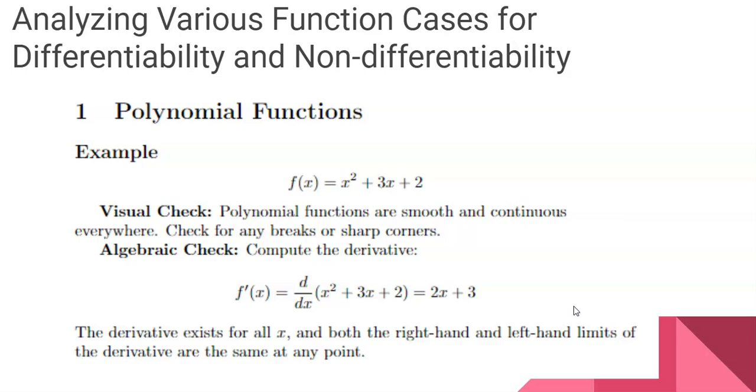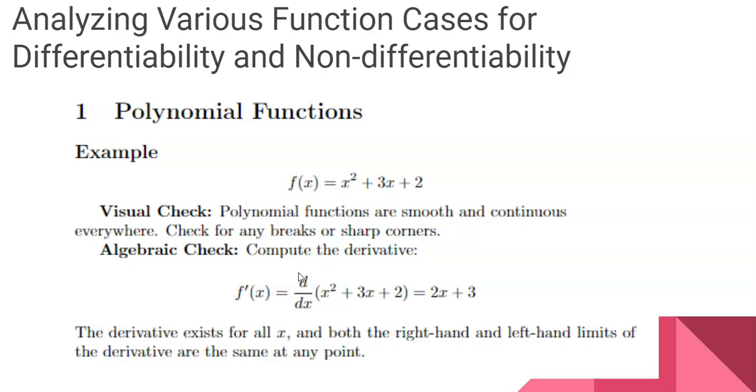We will observe the relationship between the continuity and the differentiability of rational functions later in this series. However, in the case of polynomial functions, we can algebraically and visually prove that they are continuous and differentiable at any point on the real number line.